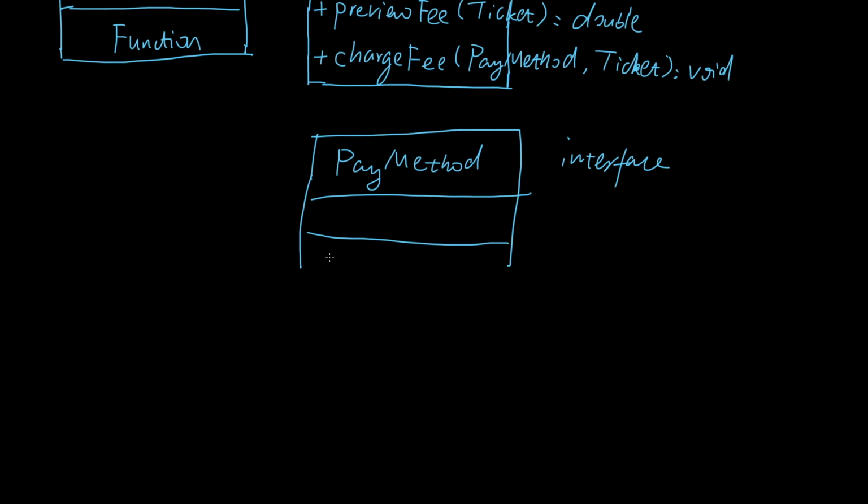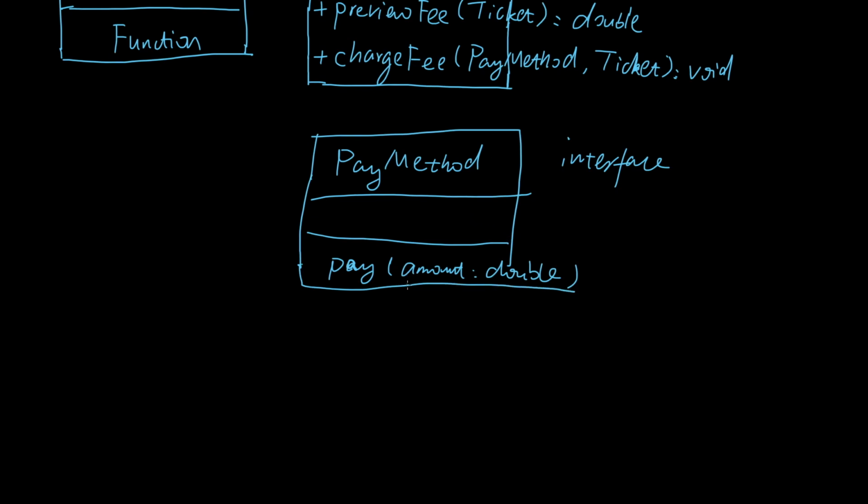I think for the pay method, most of all we want it to support a behavior like pay, where we want to pay an amount of money, which is a double. And different ways will have different implementation details here.